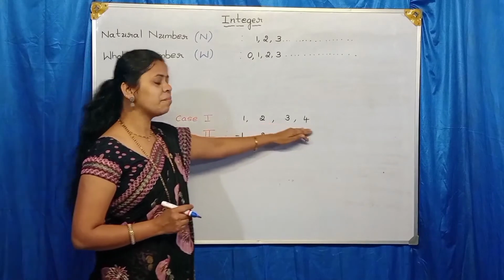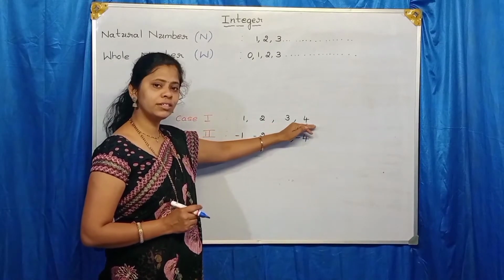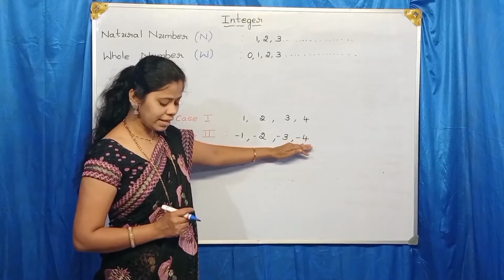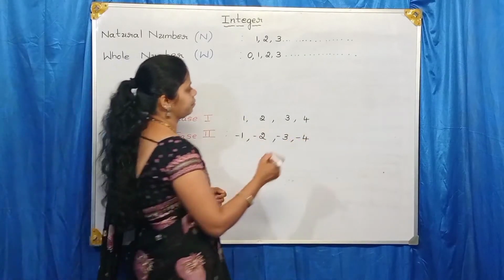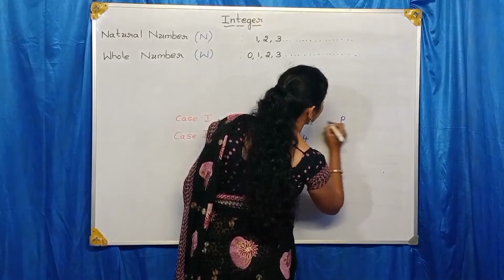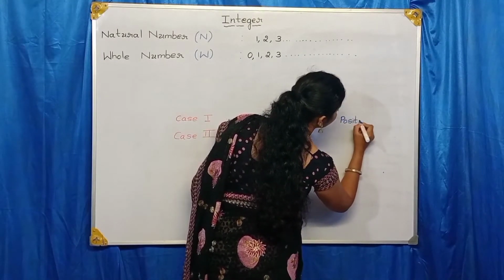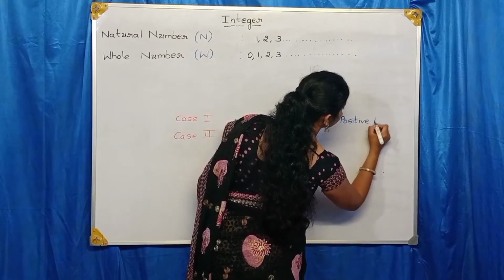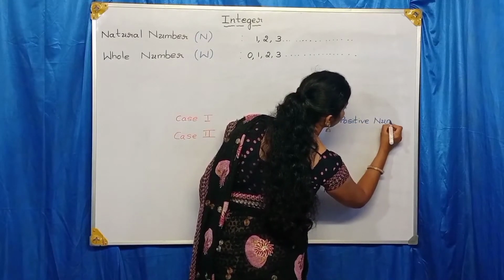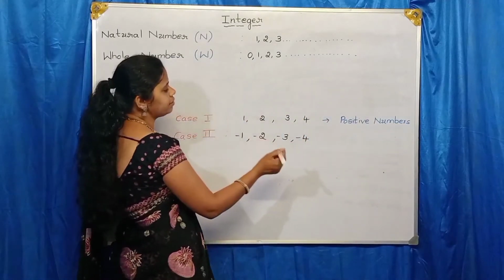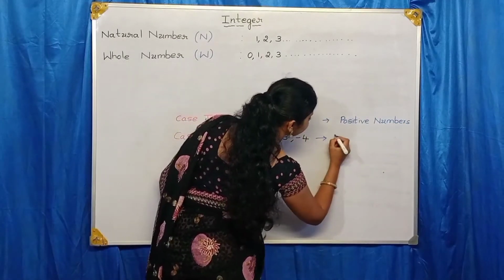Then these numbers are called positive numbers and these numbers are called negative numbers.